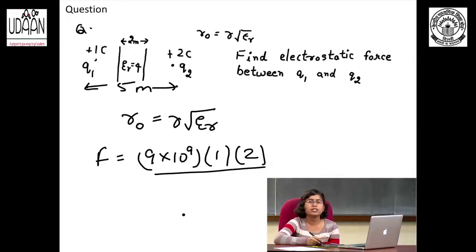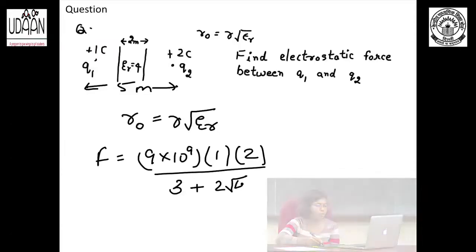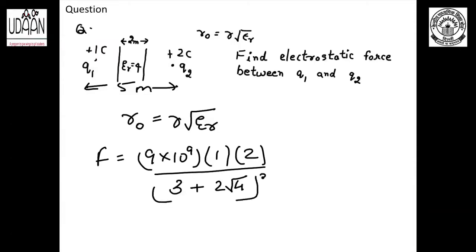So the distance in the vacuum is 3 meter plus the distance in the medium can be replaced by R root ER, which would be 2 into root 4. So in this way we can find the force if the particle is kept in a different medium or there is a medium in between.